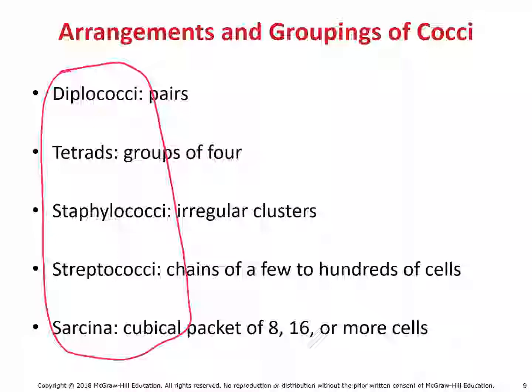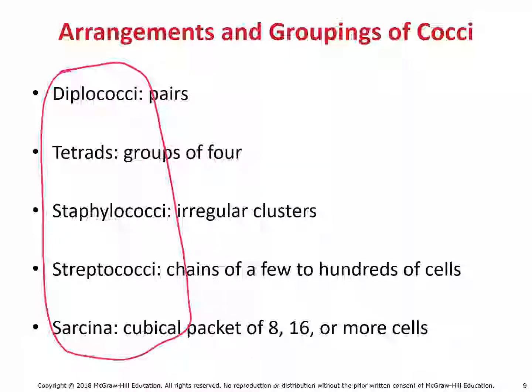So let's point out that there can be different arrangements for the shapes. Shapes like cocci, so these are just round cells, can come in different types of arrangements like diplo, tetrad, or staphylo. You should probably know these to help you with your identification in things like the unknown project, as well as on this exam. So diplococcus stands for a pair of circular cells that are stuck together.